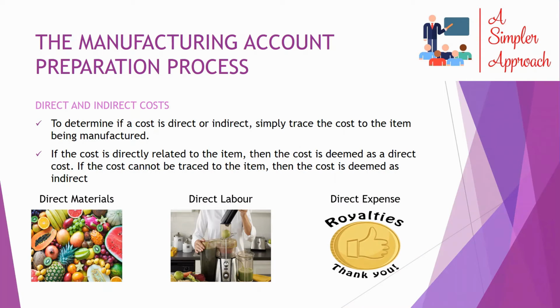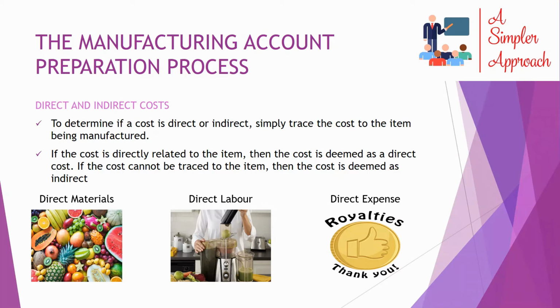Now, direct expense would be an expense that is directly linked to the smoothie. Now, let's say one of the smoothies that is being sold is a recipe that is patented and owned by somebody.